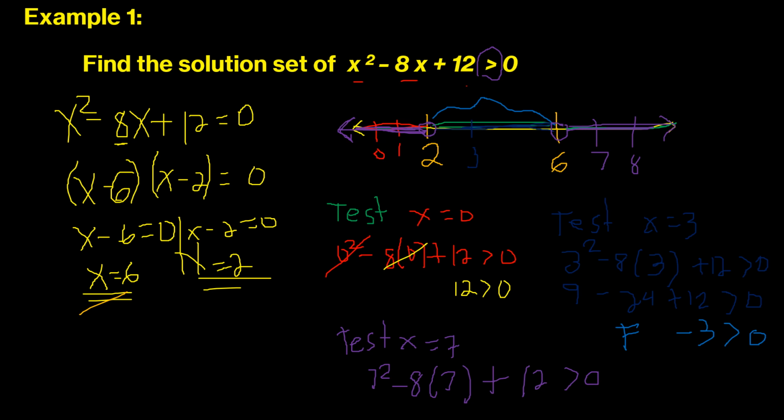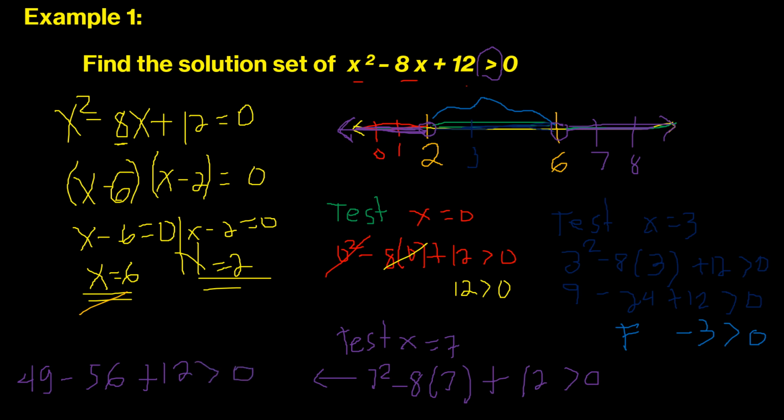So we may continue it here. 7 squared is 49, minus 8 times 7 is 56, plus 12 is greater than 0.